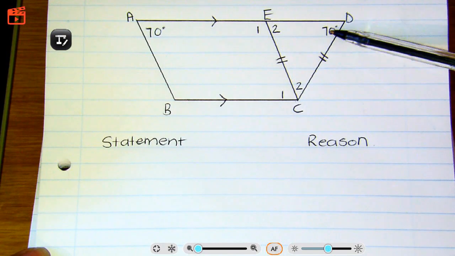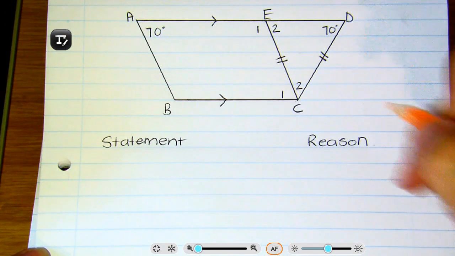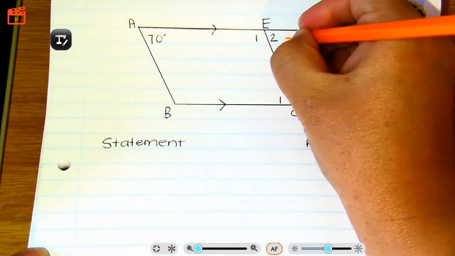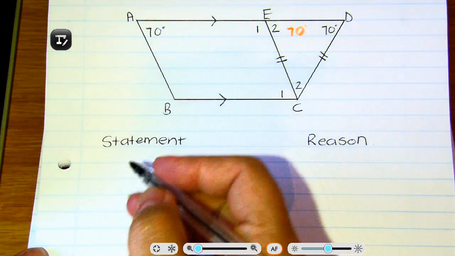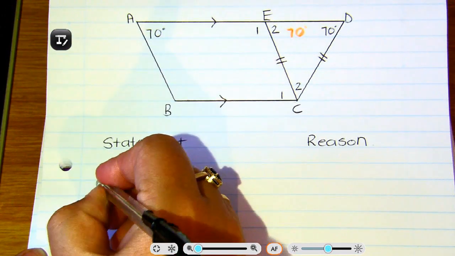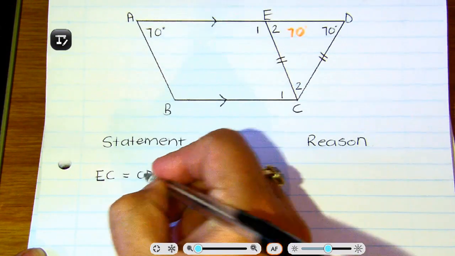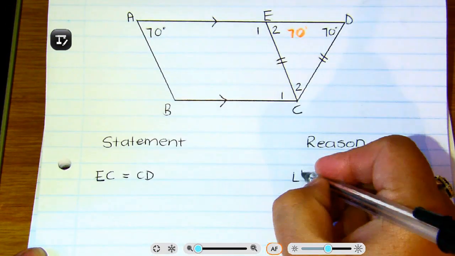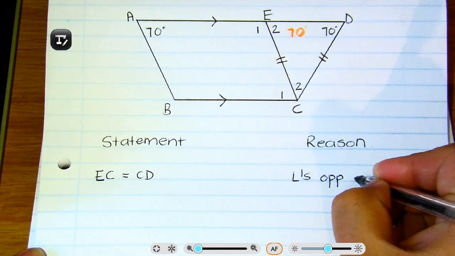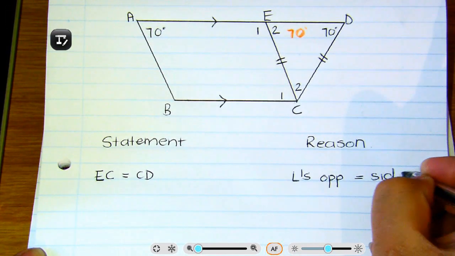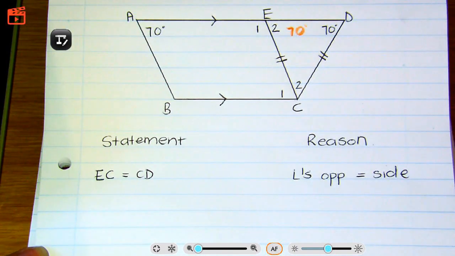This is 70, which you already should be able to see that this over here is equal to 70 degrees. Okay, so we're going to write there that EC is equal to CD. Your reason, angles opposite equal sides. So it's basically because it is an isosceles triangle that is equal to 70 degrees.